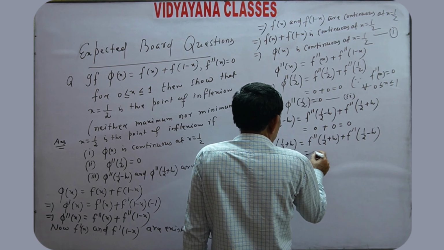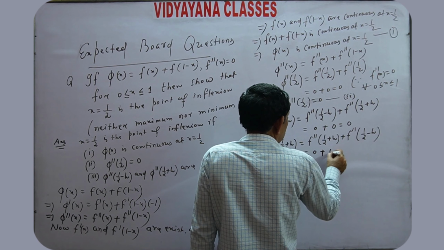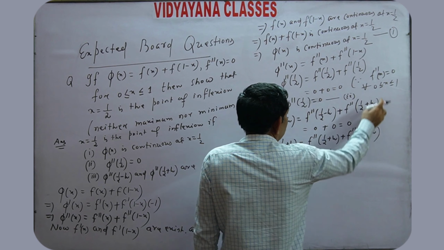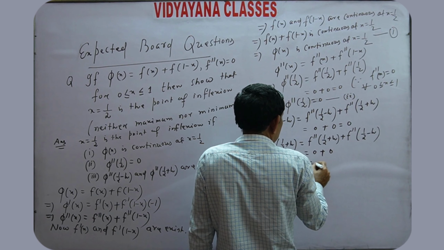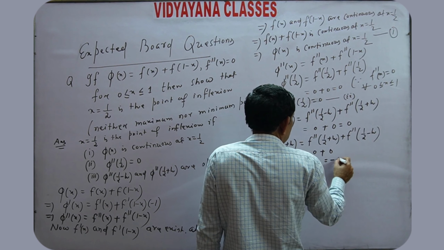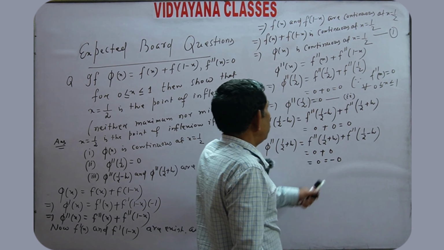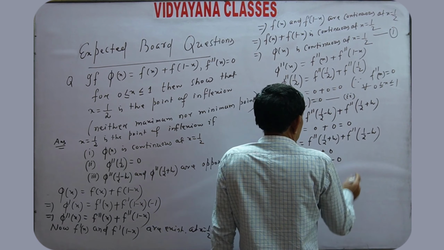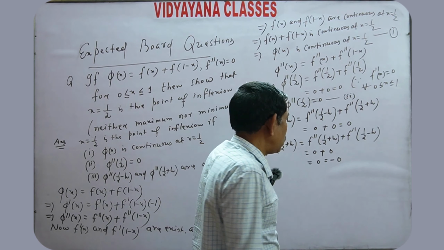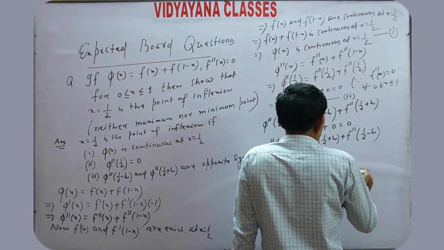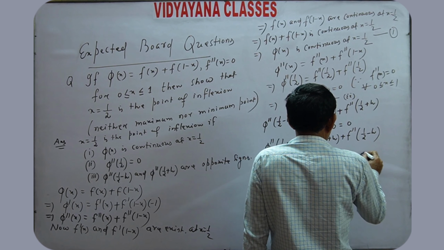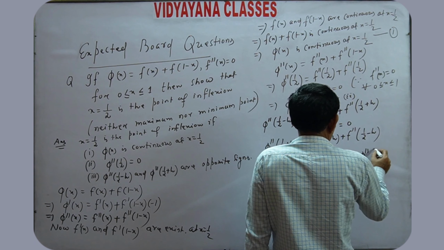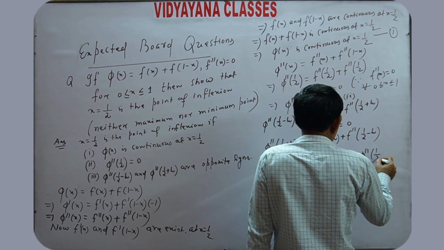This value is also 0, this value is also 0, since 1/2 + h lies between 0 and 1. So this is 0, which is equal to −0, which is equal to −φ''(1/2 + h).